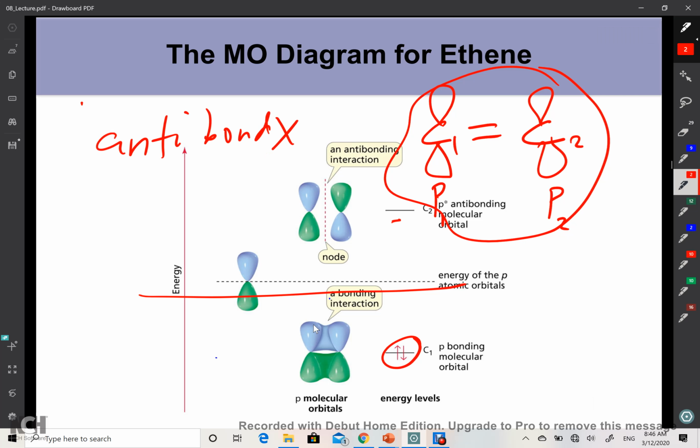And the orbitals below the boundary that are filled with electrons are referred to as the bonding orbitals. Does that make sense? Anti-bonding and bonding orbitals: those are the things I want you to be able to determine when you have this kind of molecular orbital diagram.